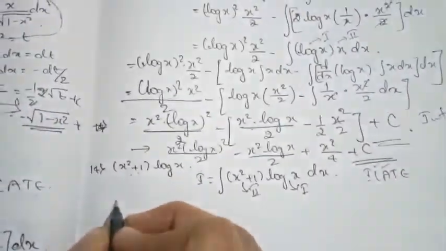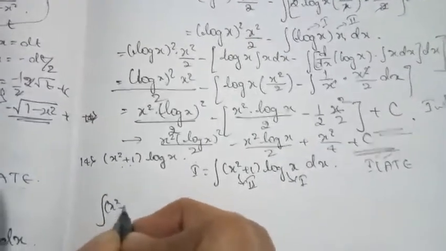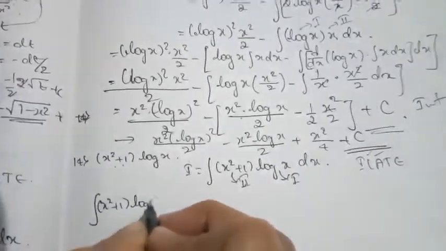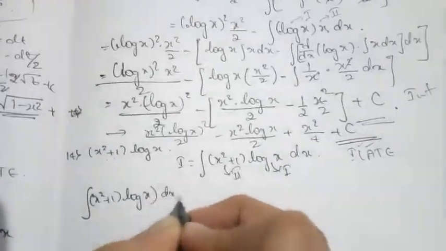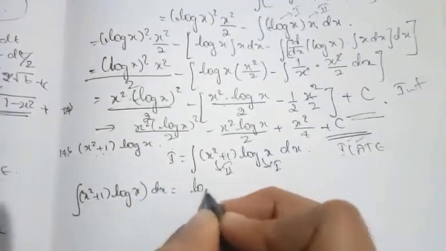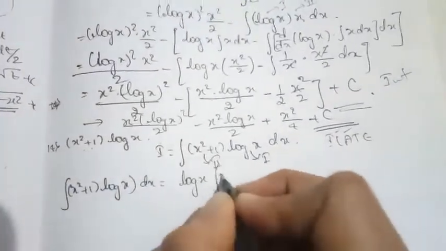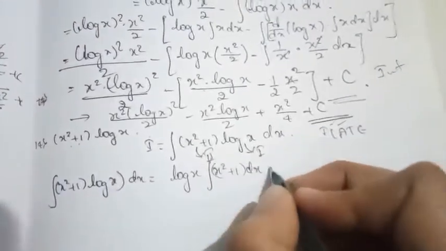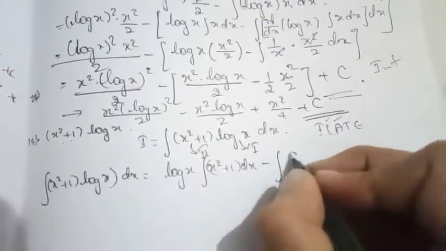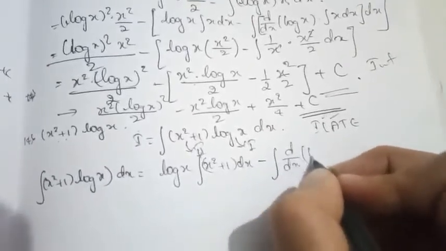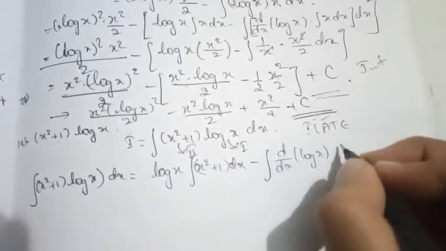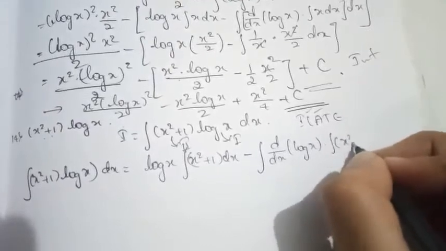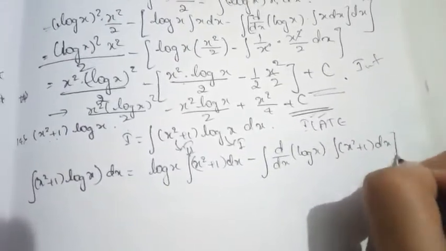So now what happens? Integration of x square plus 1 into log x dx is equal to first function log x as it is, integration of x square plus 1 dx, the integration of the second function, minus integration of the differentiation of the first function into integration of the second function dx.